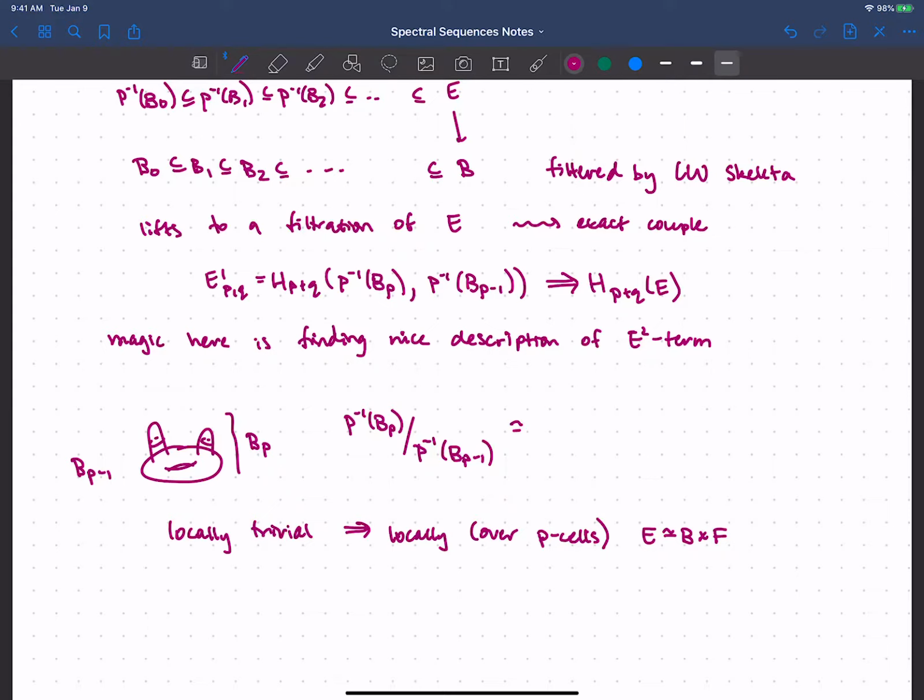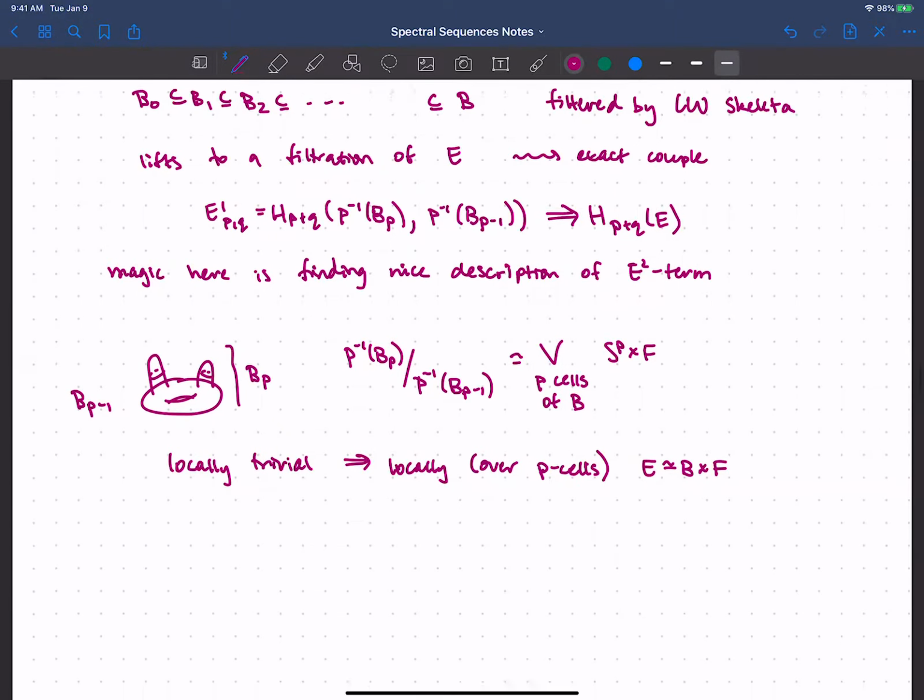And that'll tell us that really this just looks like a wedge over the p-cells of B of S^p cross F, just because we've done this quotienting. So we just pinched off all of these spheres, and we have sort of something like that for each point in the fiber.